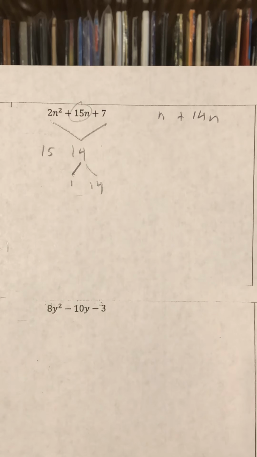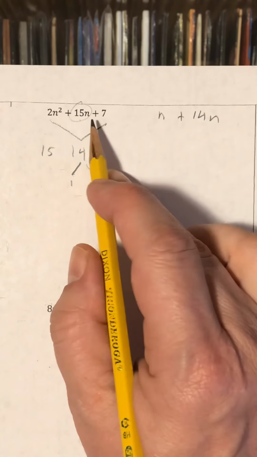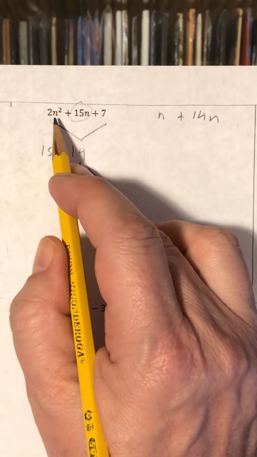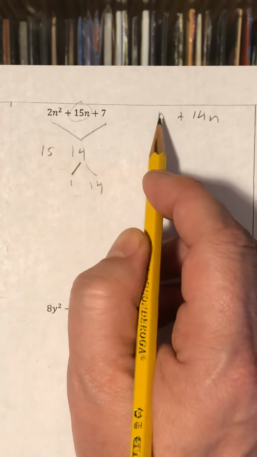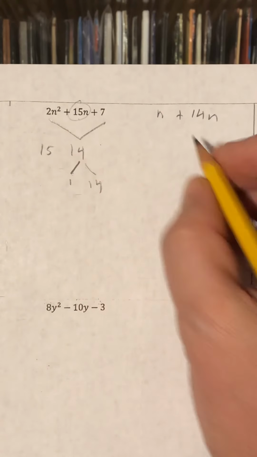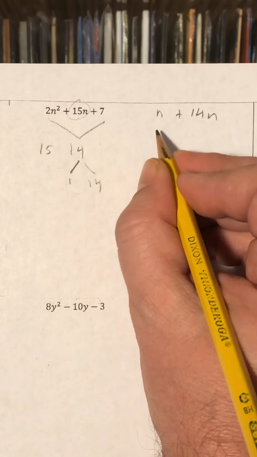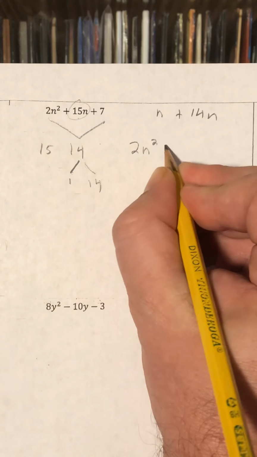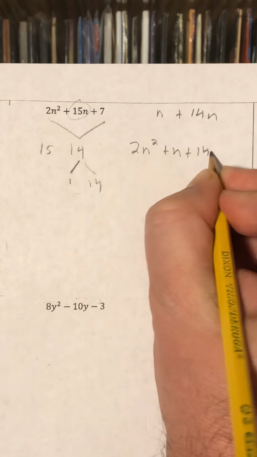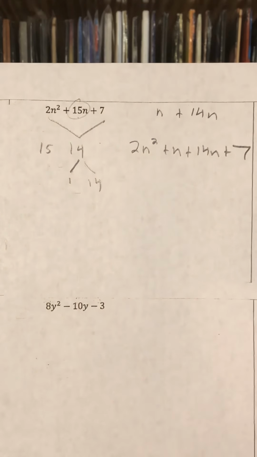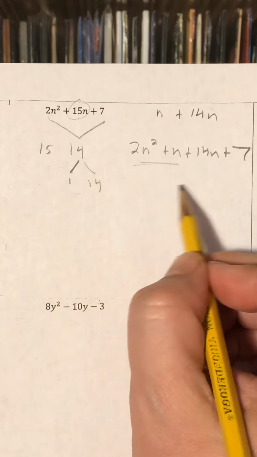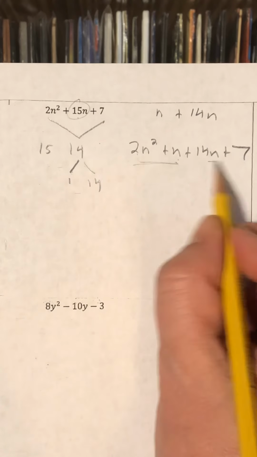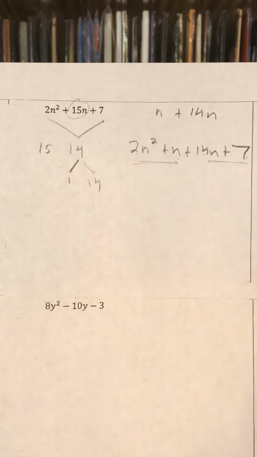I know that 7 and 14 have a common factor of 7, and n squared and n have a common factor of n. So I think that's how I want to group these this time. That looks like it might be my best option. So I'm going to do 2n squared plus n plus 14n plus 7. Because if I factor these two and group them together, I can take an n out of both of those. If I group these together and factor, I can take a 7 out of both of those.